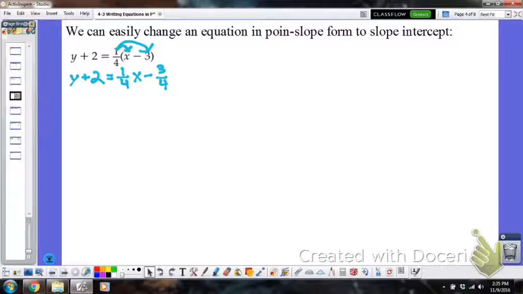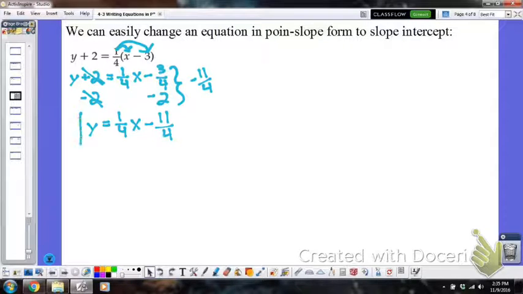Now I just need to get y alone. I will do that by subtracting 3 from both sides of my equation. Sorry again, guys. Subtract 3 from both sides of my equation. 3's on the left cancel out. And since -3 is the same thing as -12/4, I will have y is equal to 1/4 x minus 13/4, because -1/2 minus 3 is -7/2.